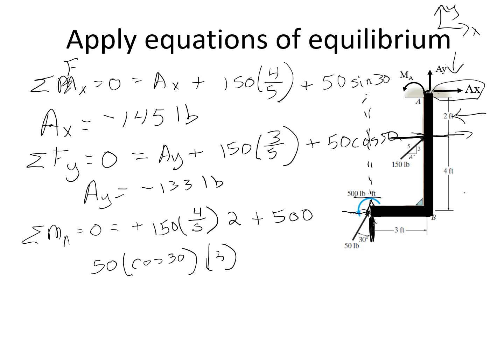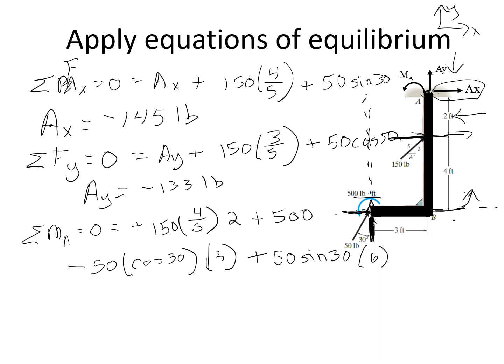And then we also have the x component of that 50-pound force, so that'll be 50 times sine of 30. And if we draw the line of action of that, the distance from A to that line of action is 6 feet. And it's tending to push this beam, so it's tending to rotate it counterclockwise, and so that would be positive.